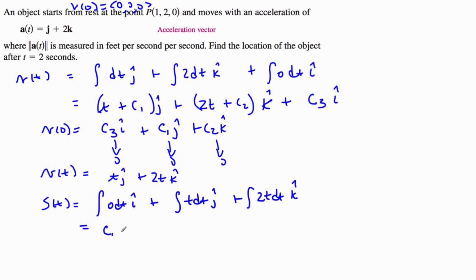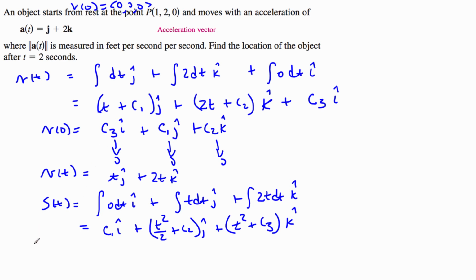So this is c1 in the i direction plus t squared over 2 plus c2 in the j direction plus 2t squared over 2, so it's just t squared plus c3 in the k direction.